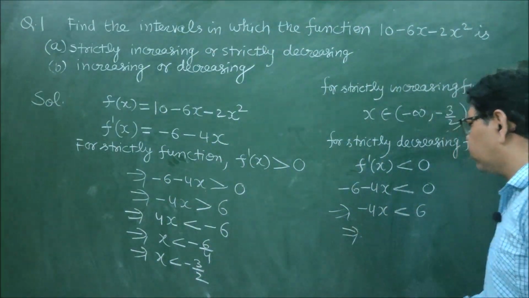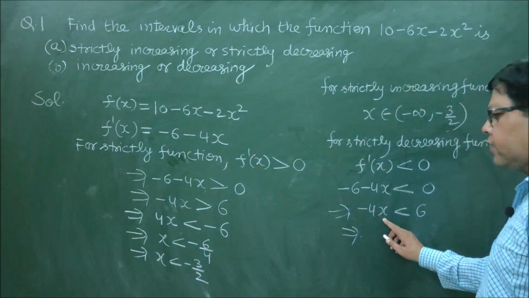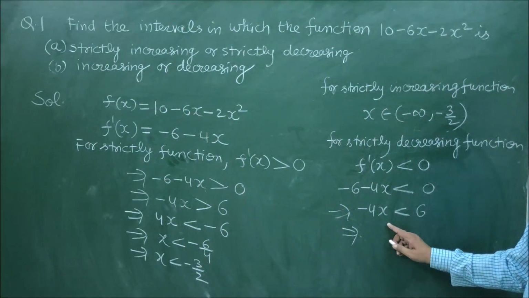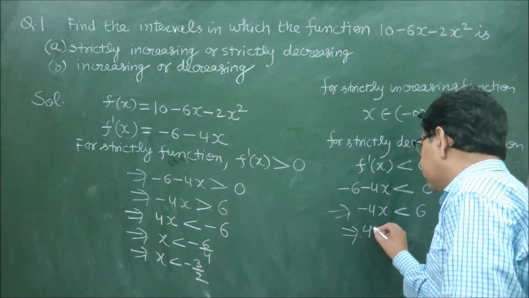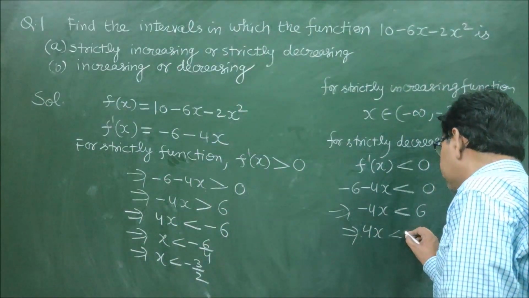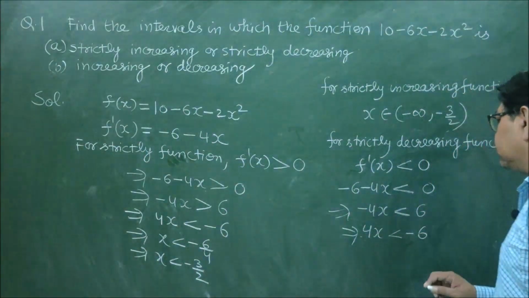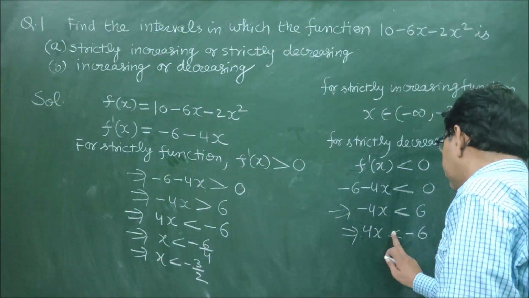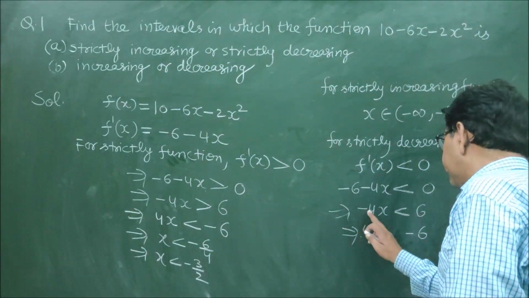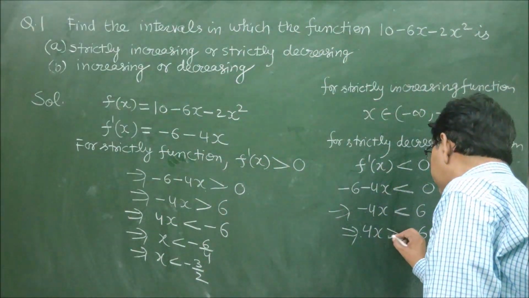Multiplying by -1 on both sides, because we are interested in finding the value of x, 4x is greater than -6, because on multiplying by -1 the inequality will change.